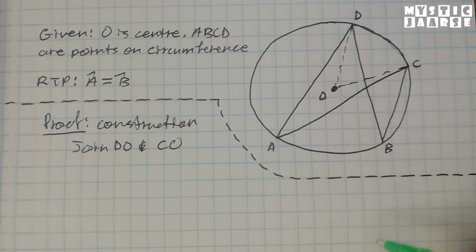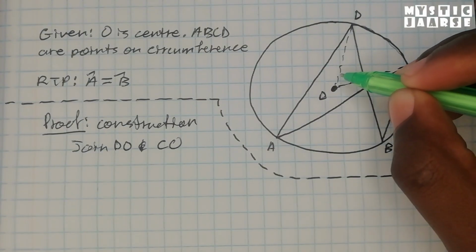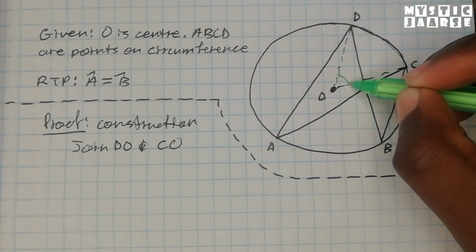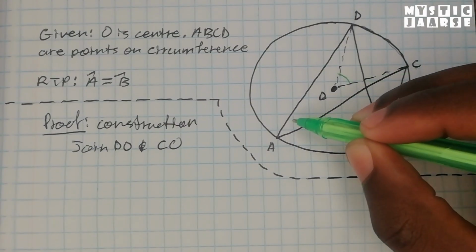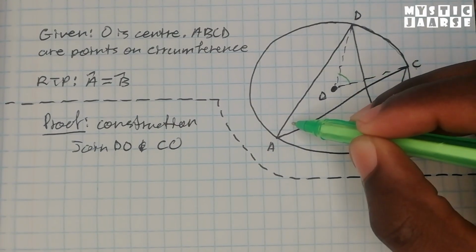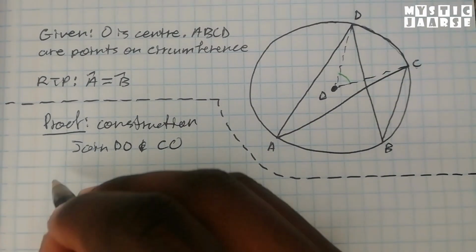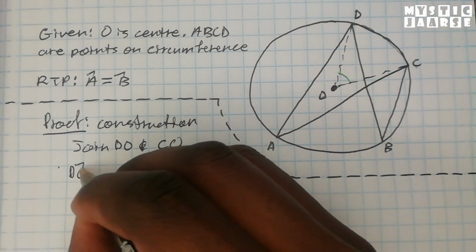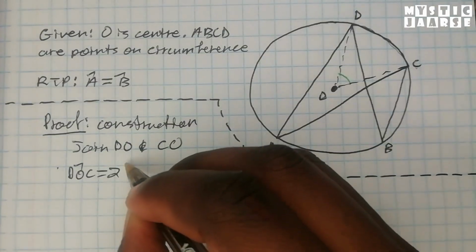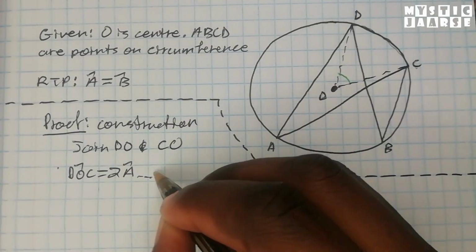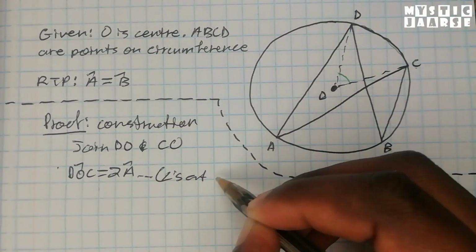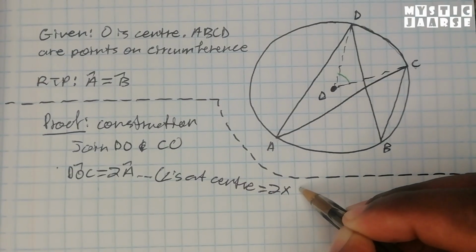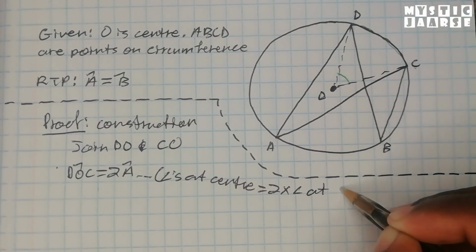And we know from the previous theorems that an angle subtended by the same arc at the center is twice the angle that's subtended by that arc at the circumference. So we say angle DOC is twice angle A. Why? Angles at the center are twice the angles at the circumference.